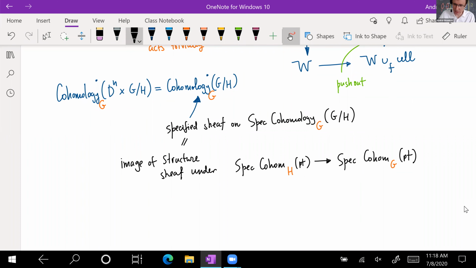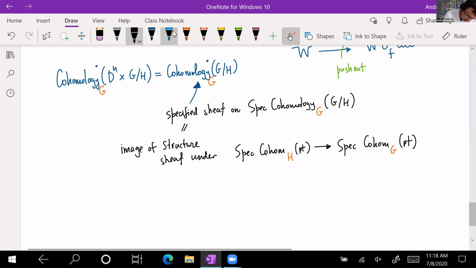For a reasonable space, something homotopy equivalent to a CW complex, I can decompose it into cells, and arguing one cell at a time, at every step I have to compute a cone of some map. That's how you compute the cohomology.